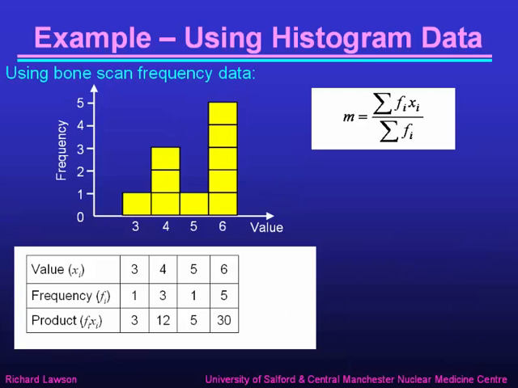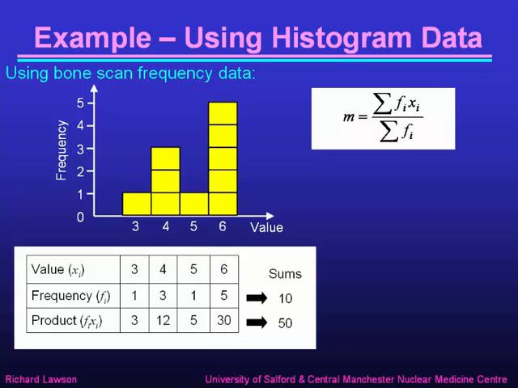So let's have a look at an example using our bone scan frequency histogram. We know that we've got this histogram where the value 3 occurs with a frequency 1, the value 4 occurs with a frequency 3, the value 5 occurs with a frequency of 1, and the value 6 occurs with a frequency of 5. The formula says we have to calculate sigma fi times xi. So let's work out that product. 3 times 1 is 3, 4 times 3 is 12, 5 times 1 is 5, 6 times 5 is 30.